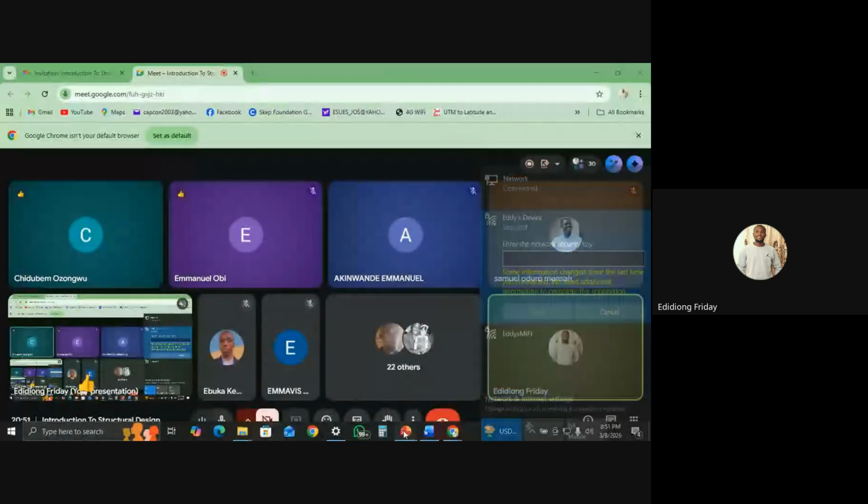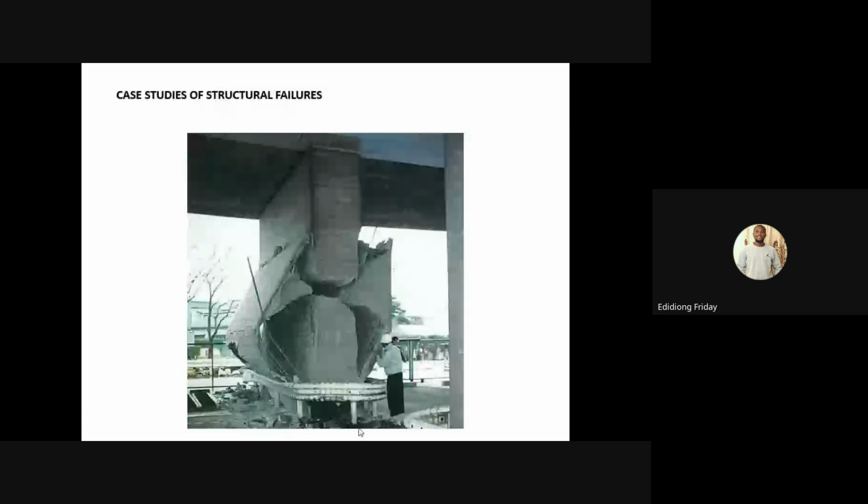Okay, so for this, like we have rightly mentioned, this is a failure due to compression. And like I said in the previous case study, putting in mind safety, functionality, and economy, you have different options like we rightly listed.